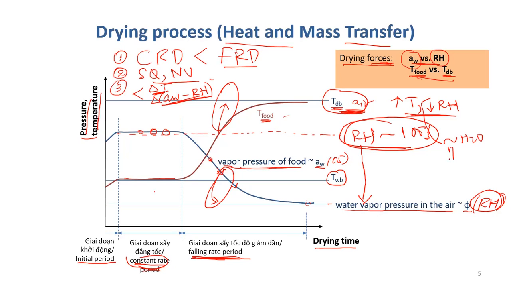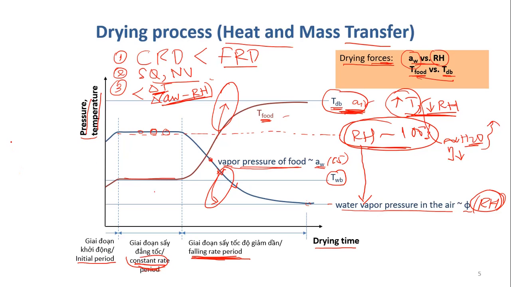We reduce the viscosity of the food, we increase the mobility of water, so water evaporates out of the food more easily. This is the reason why normally for drying, in the past for the conventional methods, we increase the temperature to dry. Okay, so now I explain why increasing temperature will reduce relative humidity.